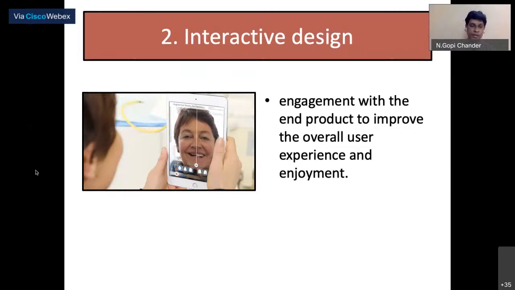So these are interactive designs. The simpler example is your common social platforms, which come with a lot of image modifiers. You upload your image, you draw some features, you enlarge your eyes, enlarge your nose, change your teeth. All these are common programs seen in your social platforms. These are interactive designs.